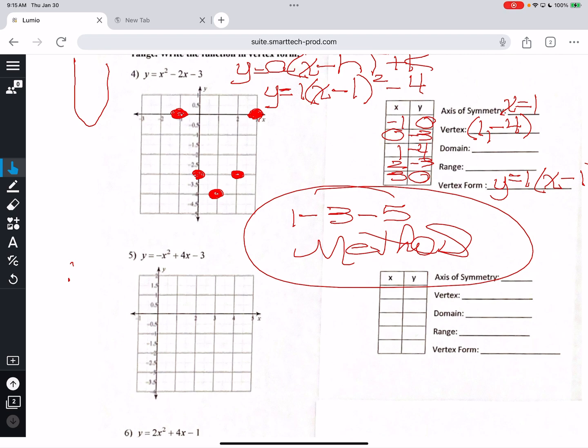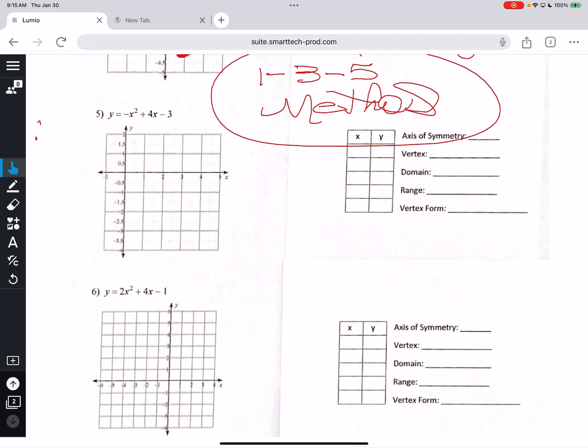So you still use 1, 3, 5, but you're just going to count over 1, down 1, over 1, down 3. That's why it's important that you know, because you're not doing the XY table. So you have to remember, if it's a frowny face, even though I'm doing 1, 3, 5, I got to go down with it.